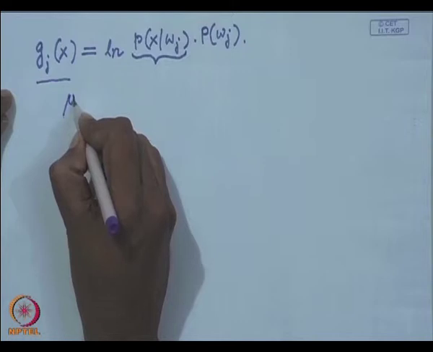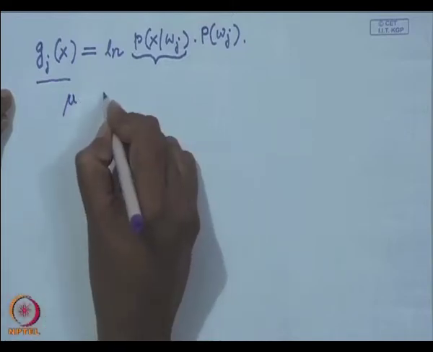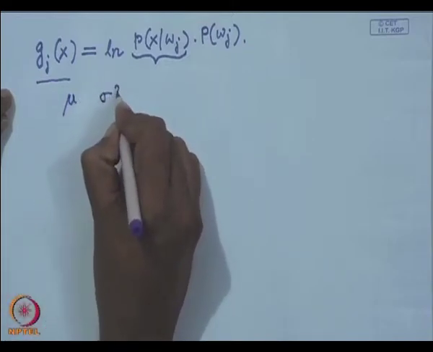When we have a Gaussian distribution, you know that the probability density curve is entirely defined by two parameters. One is the mean mu, and the other one is the variance, which is sigma square.